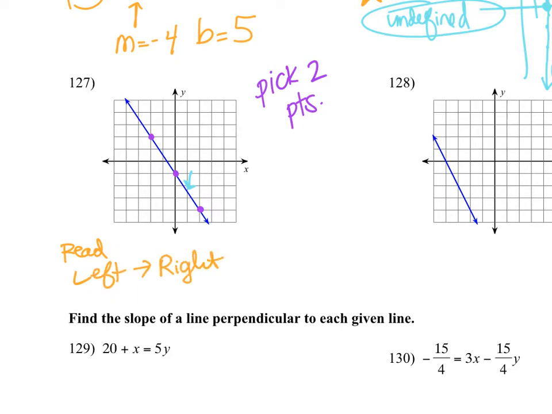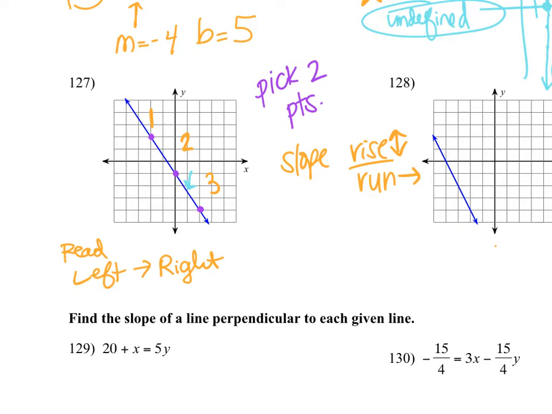So I'm going to choose this point, point number 1, and point number 2, and this will be point number 3. So from left to right, I know that my slope is always rise over run. And I'm going to always run to the right because I read from left to right.